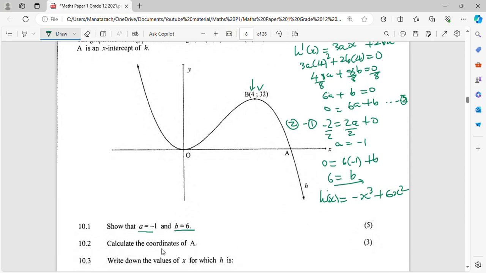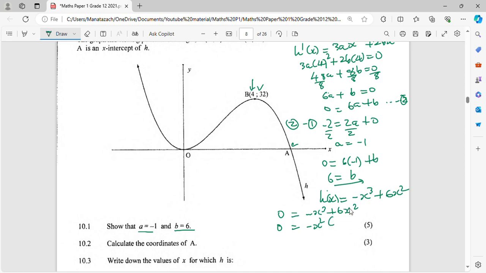Then the second question is calculate the coordinates of A. A is the x-intercept. So really at the x-intercept you say y is 0. So I'll say y here is equal to 0. And then I'll have minus x cubed plus 6x squared. Then I'll solve for x from here. Take out the common factor. Minus x squared is common.